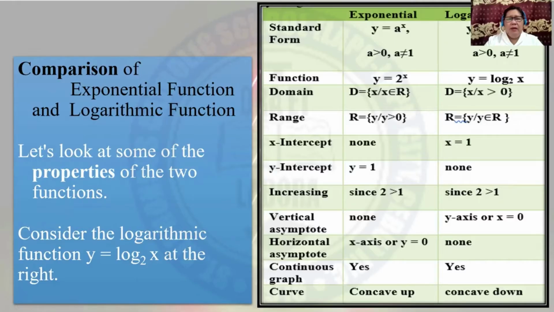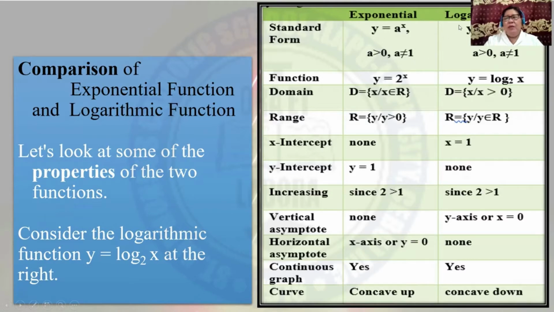Let us compare the properties of exponential function with the properties of logarithmic function. So consider the table at the right. For the exponential function, given the standard form y is equal to a raised to x, wherein a is greater than 0 and a is not equal to 1.